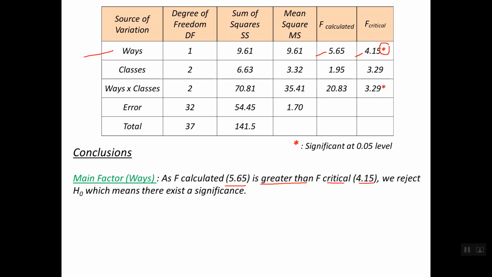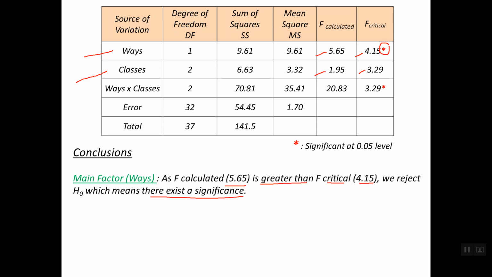So we reject the null hypothesis and accept the alternative one, which means there exists a significance for this factor. For the second factor, which is the classes, the calculated value of F is 1.95 and the critical one is greater.